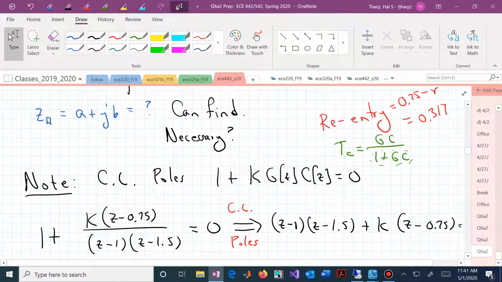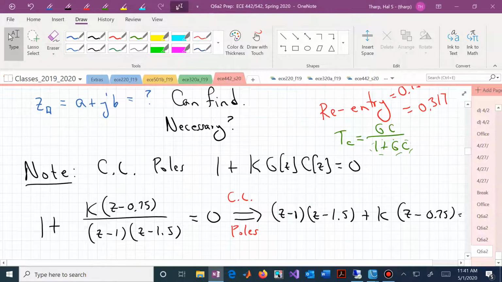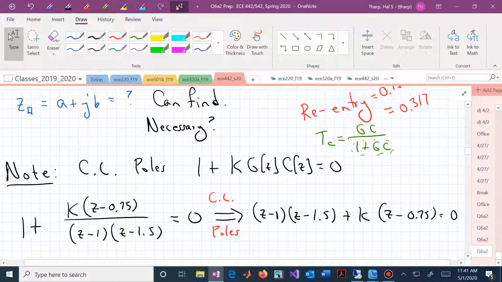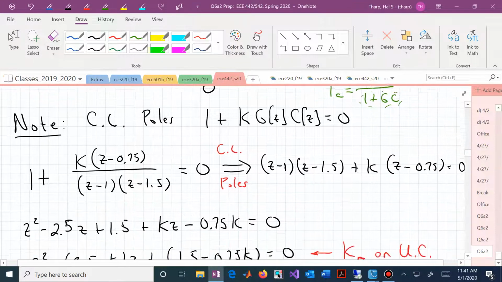We want to know when that equals 0. We're really just interested in the numerator, so we put that over a common denominator of z minus 1 and z minus 1.5. We forget the denominator and just examine this second order polynomial in z as a function of, now the only unknown besides the z's is k. And that's what we're trying to find the minimum value of.